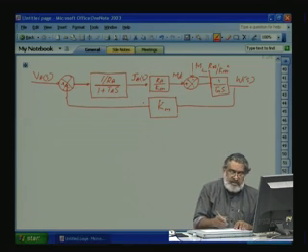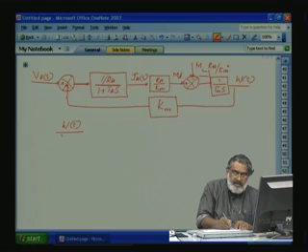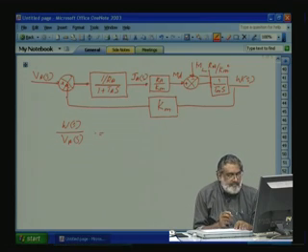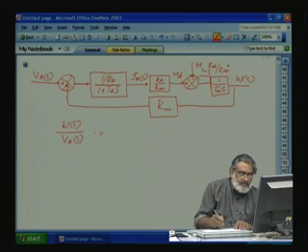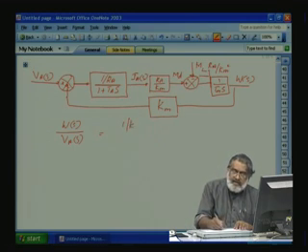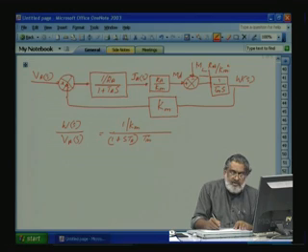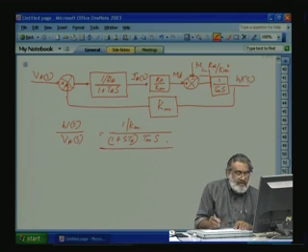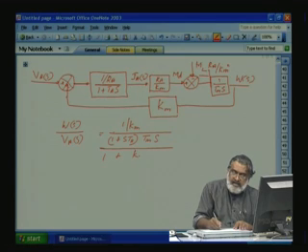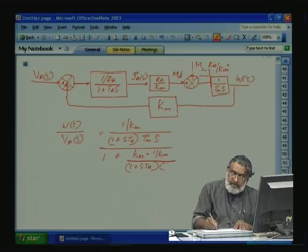So, we will get the transfer function same as previous, we have derived it, omega S by VAS is equal to GS by 1 plus GSHS, 1 by Km divided by, GS is 1 plus STA armature time constant into electromechanical time constant 1 plus TMS, GS by 1 plus GSHS, that is 1 plus Km into 1 by Km, this will get cancelled, divided by 1 plus STA into STM.